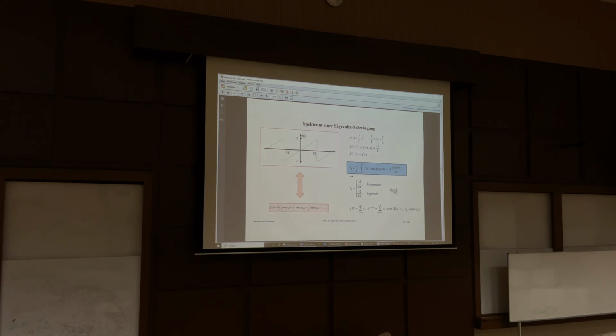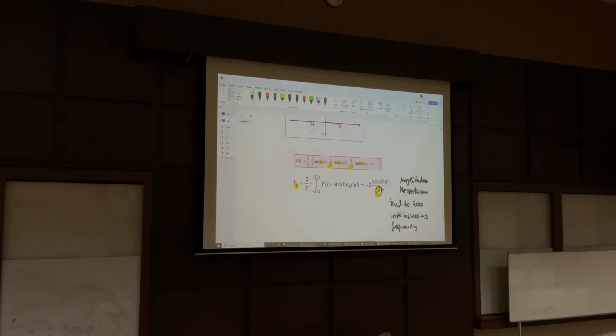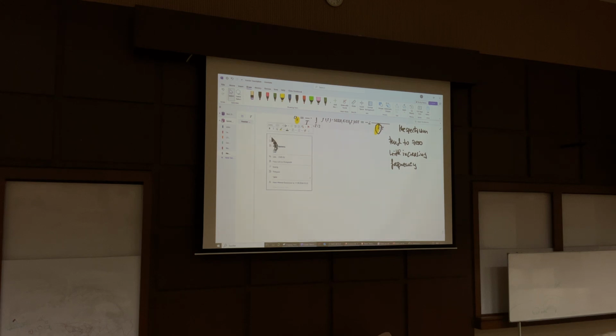So the AK is 0, you see here. AK is 0, and the BKs are plus or minus 1. And then we have here the sinus, that is the function. I can plot it underneath. So the AK is 0 here, so that is 0.